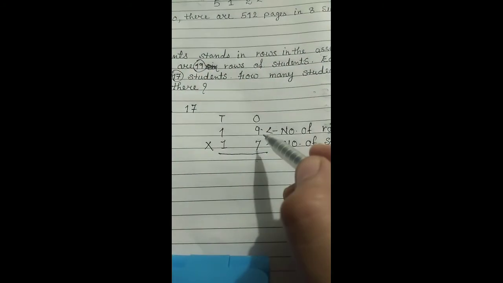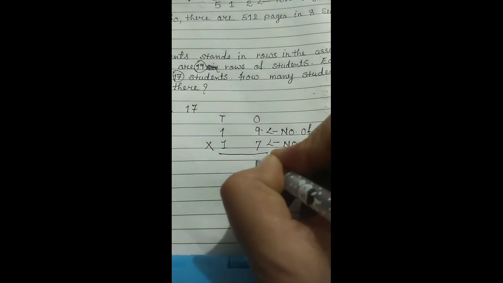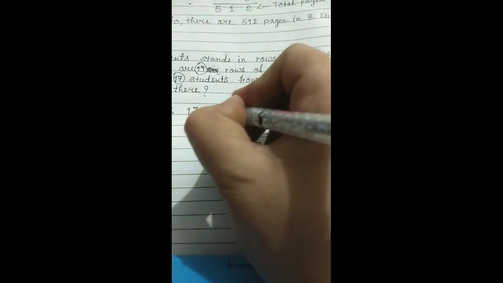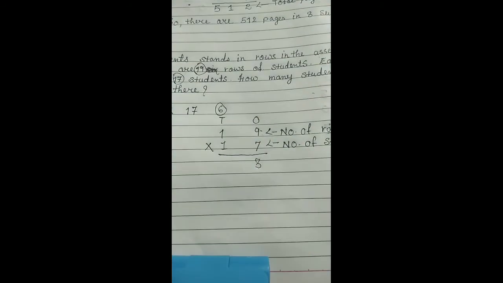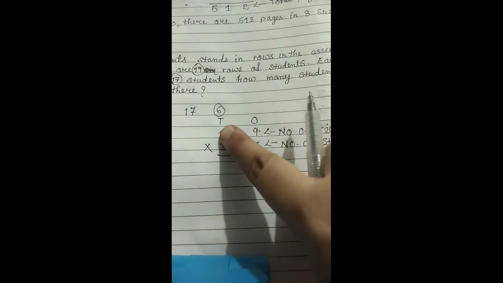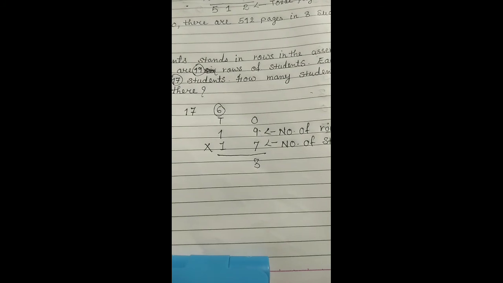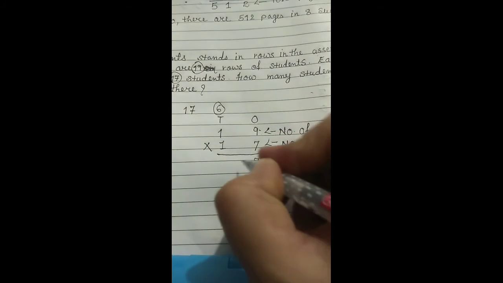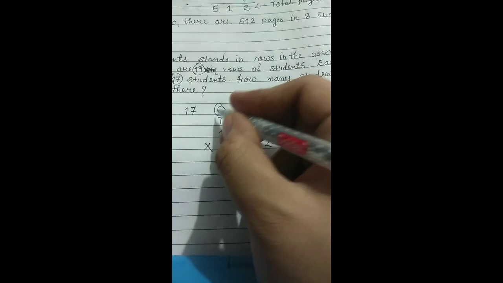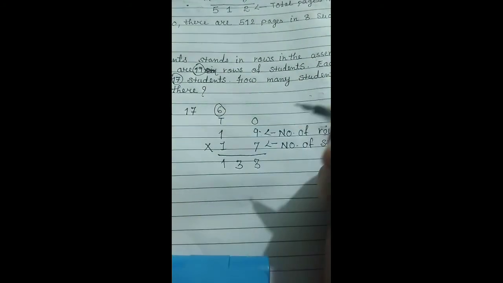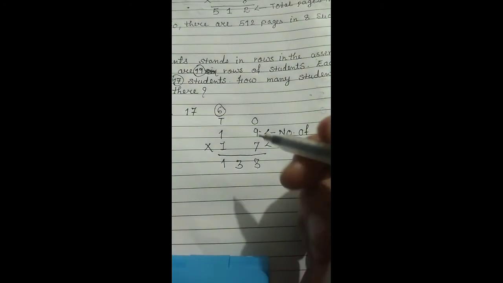So 3 is here and 6 carry over. Now 1 7 is 7, plus 6, that is 13. So 3 here, but there is no digit, so we copy 1 here. 133. Now put the plus sign. Don't forget to put the signs also.